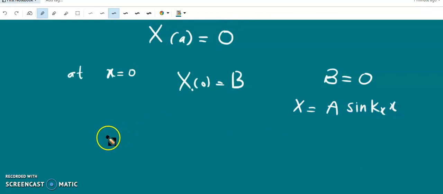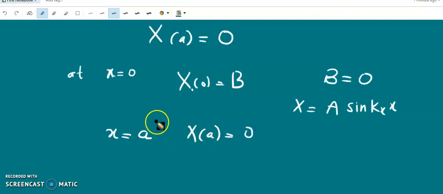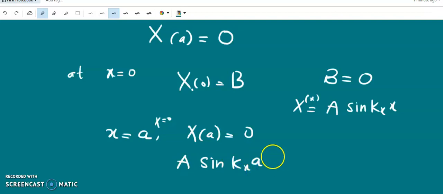Now we apply the second boundary condition at x equal to a: capital X equal to 0 at x equal to a. Substituting x equal to a, we get X(a) equal to A sin kx into a equal to 0.